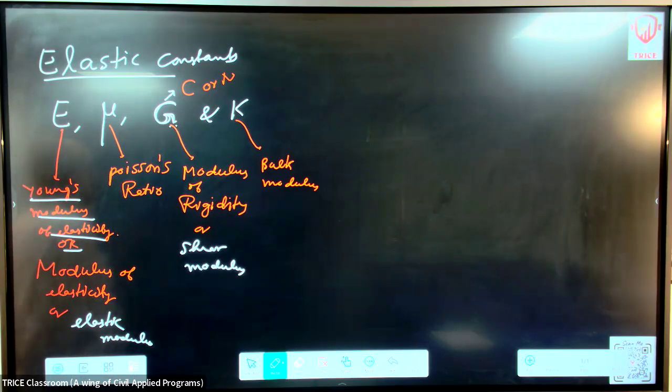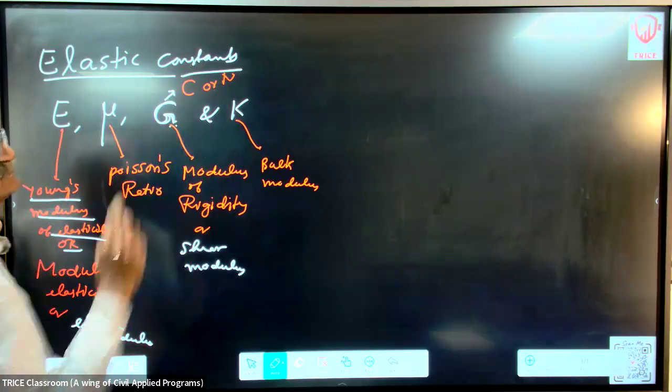Usually the syllabus would write stresses, strains, strain energy, deformation, strain energy stored, members of tapering section, compound bars, so many things, then elastic constants. But SSC-JE simply told elastic constants.